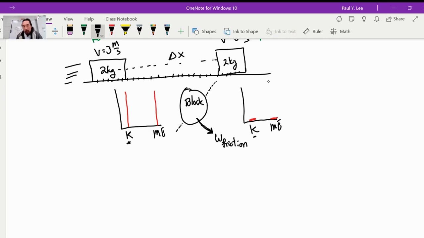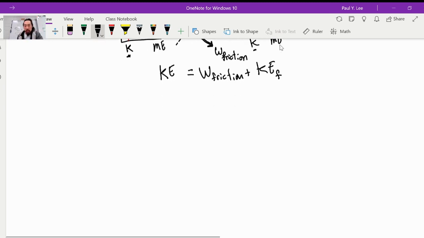Meaning, if we were to come up with a mathematical model, we would write it like this. We would write the kinetic energy, and remember that middle O is like an equal sign, is equal to the work due to friction plus the final kinetic energy. Now I know it's 0, but I want to put that in there so that later we can show that we have no final kinetic energy.